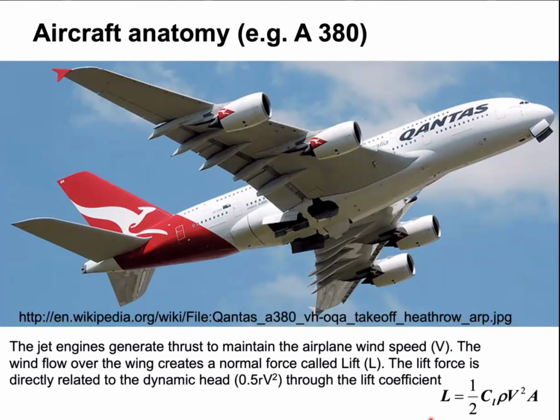And how is this lift generated? The lift is generated by the wings. The wings have some type of lift coefficient, and the amount of lift being generated by the airplane depends on the shape of the wing, on how fast the airplane is moving, actually the velocity squared, as well as the area of the wing.